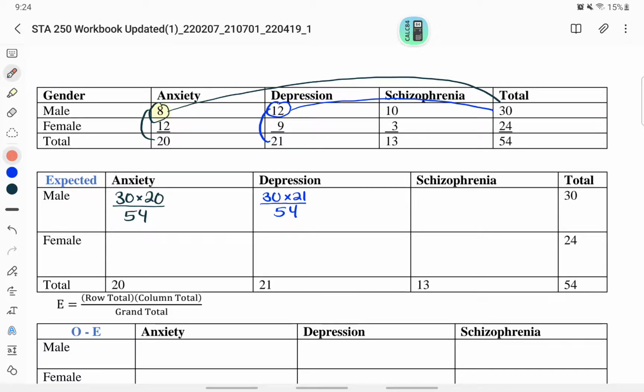Same thing when it comes to a male who has schizophrenia. Take the row total, which is 30, multiply it with the column total, which is 13, and divide that by the grand total, which is 54.